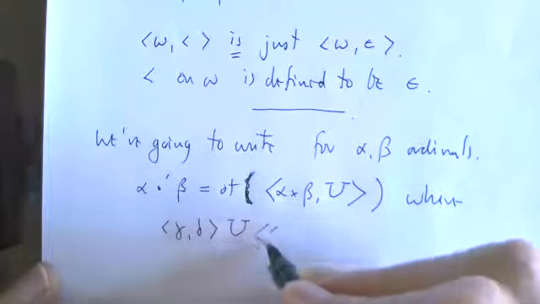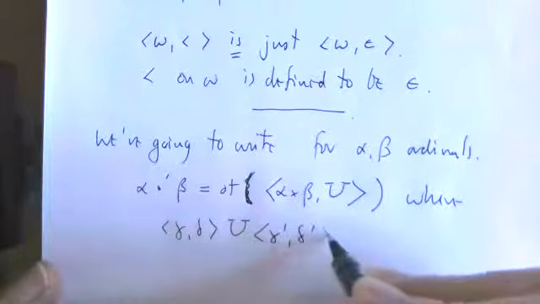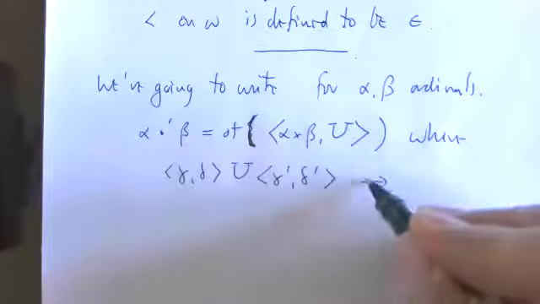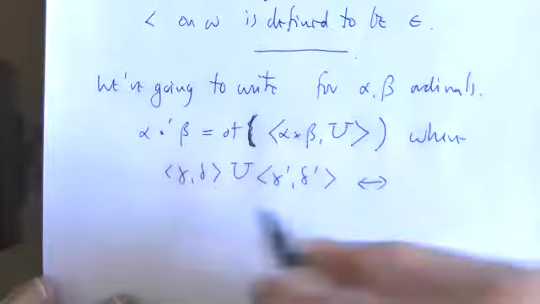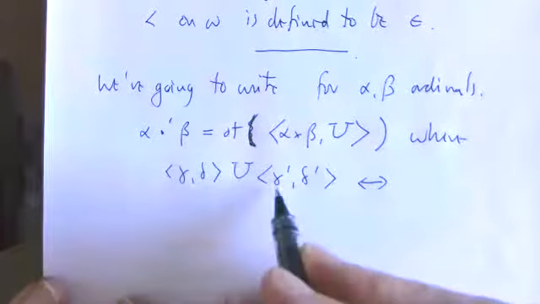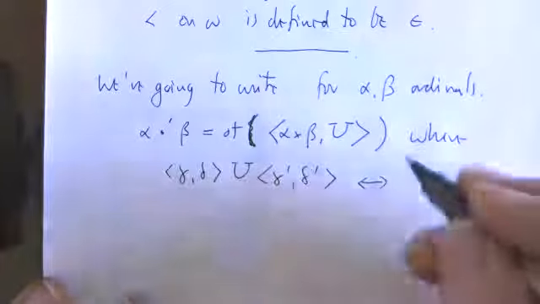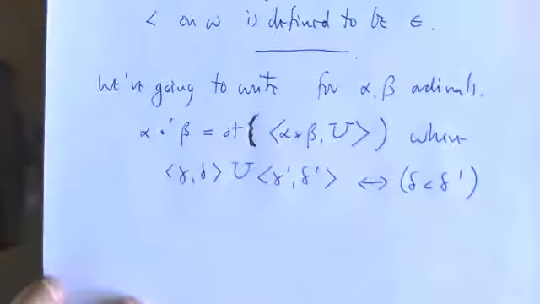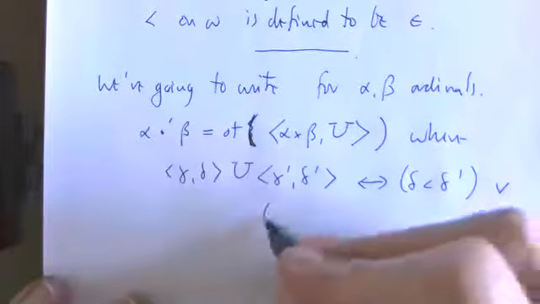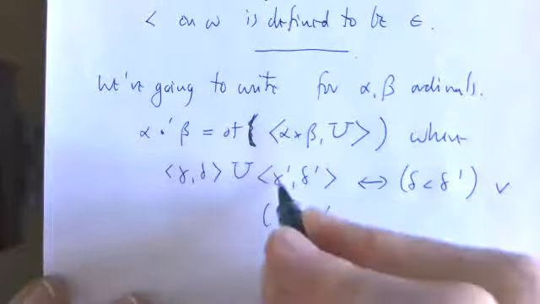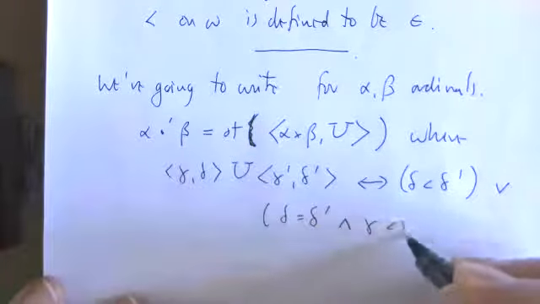I'm going to have gamma delta less than gamma prime delta prime if and only if, well, gamma and gamma prime come from different blocks, or they're in the same block, but I've got gamma is less than gamma prime.